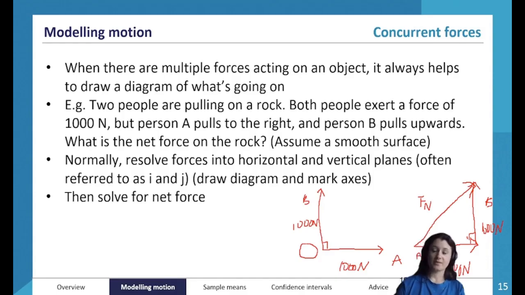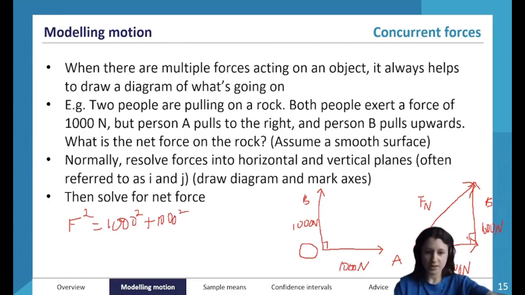My preferred method is to just go through all of the rules that you know and equations that you know, and just treat it like a regular triangle or a regular, whatever kind of shape you're working with. So here we just have a right angle triangle, meaning what formula can we use to find that length there? Pythagoras. We're going to have F squared equals 1,000 squared plus 1,000 squared.